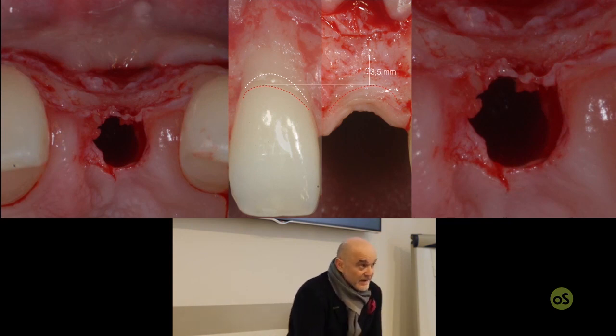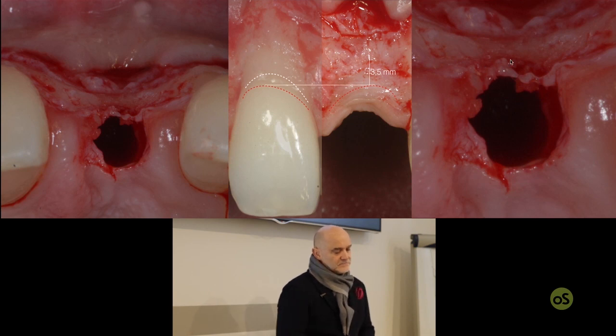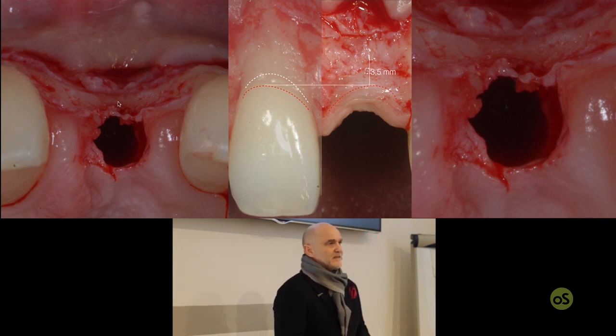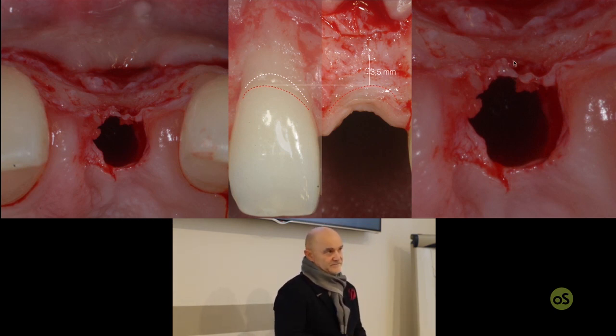After the last drills that were used, this is the last time when I can measure the thickness of the bone remaining at the buccal aspect before implant installation. And when I measure this thickness, this is 0.5.